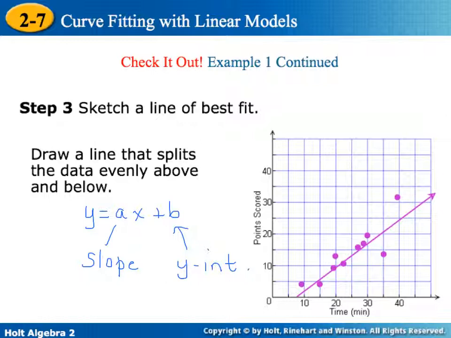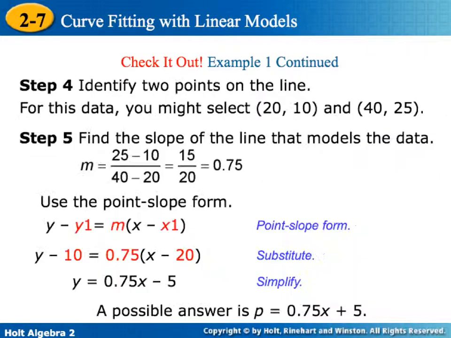Now, if we were fitting a line to this data by hand, we pick 2 points that lie on our line. They may be data points that were actually in the data, or they might just be 2 points whose coordinates we estimate. And so I picked the point 2010 and 4025.